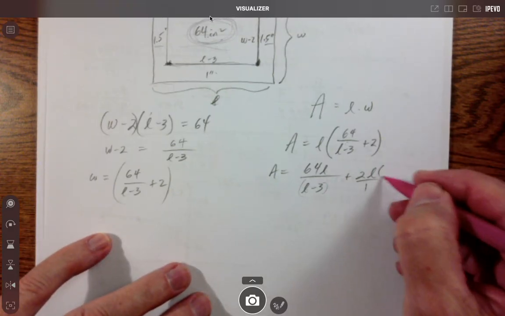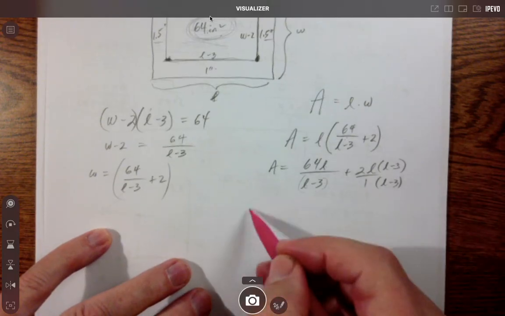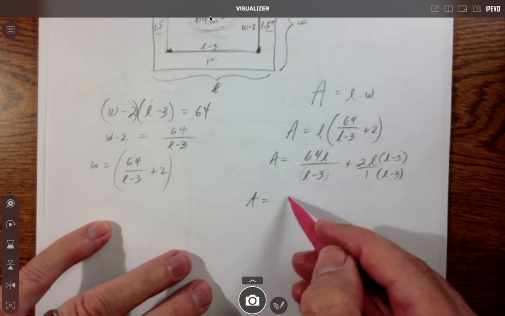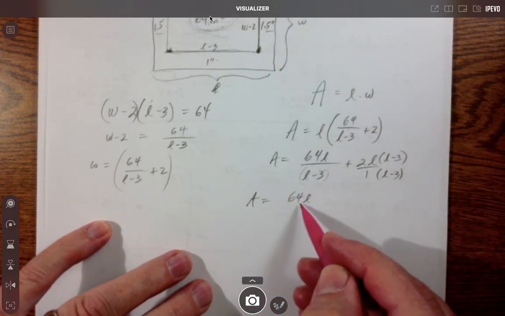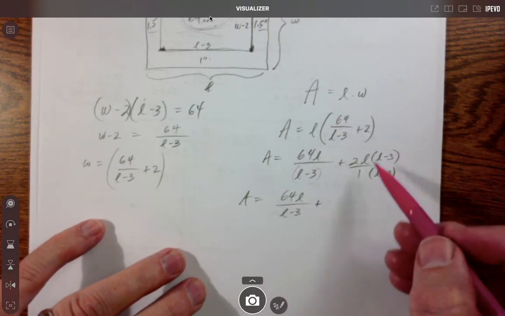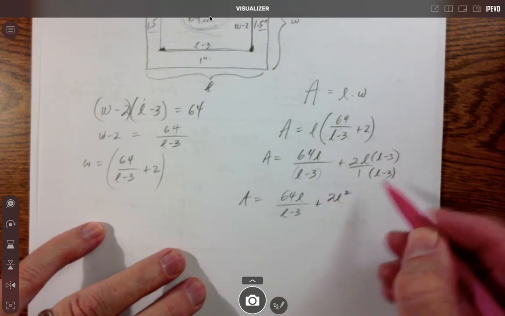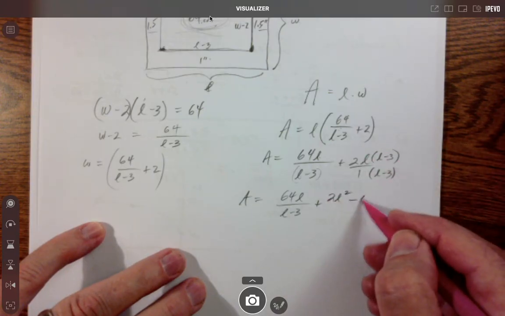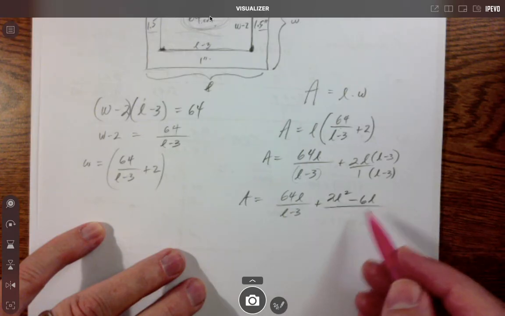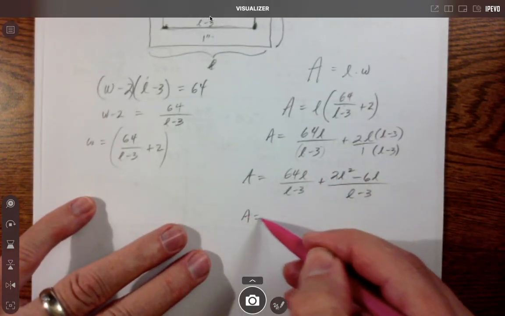But what I could do is multiply this by L minus 3 and this by L minus 3. So that gives me 64L over L minus 3 plus, let me distribute this, that's 2L squared minus 6L over L minus 3. Okay, now it's starting to look like something we're used to.